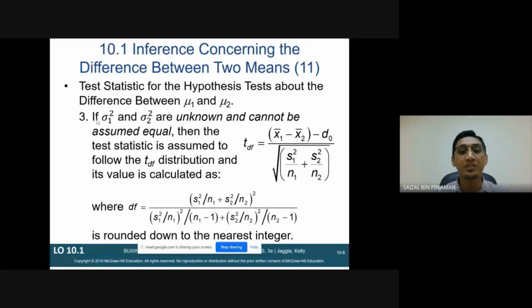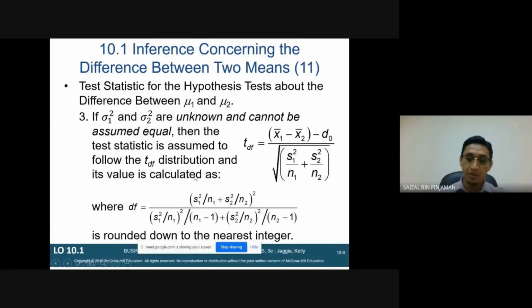In that case, we are going to use this specific t distribution value: x bar 1 minus x bar 2 minus hypothesized difference over the square root of variance for sample 1 over sample size 1 plus variance for sample 2 over sample size 2, where the degrees of freedom follow this formula over here.